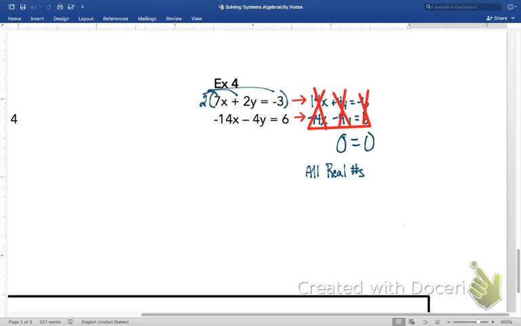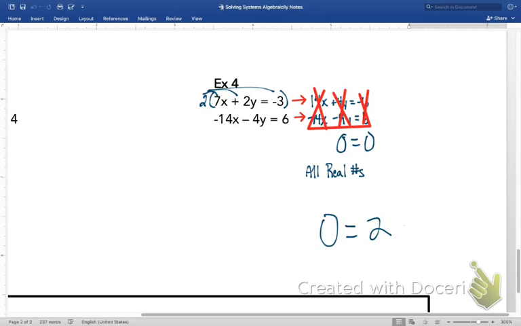Now, I will tell you, if you have one where all the variables cancel, but yet you still have a number on the other side with your constant, like if it would have ended as 0 equals 2, what do you think your answer would have been? No solution. Okay?